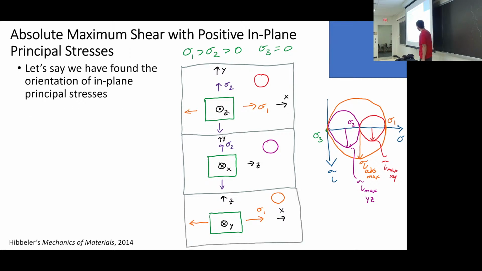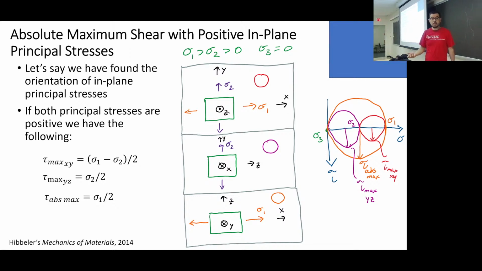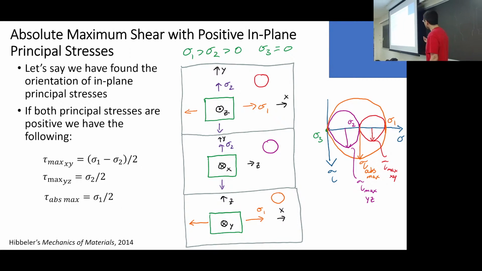So when we think about whether or not the material might yield due to a shear stress, we look at the absolute maximum shear stress. Now this is a case where the 3 principal stresses are at 0 or to the right.